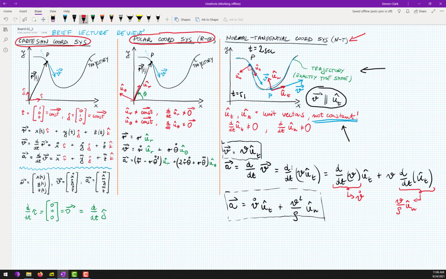You can clearly see that U_T changed the orientation, the incline. At time instant 11.5 seconds, our point P will be here, and our velocity will be pointing this way. Again, U_T is aligned with velocity, and the curvature here is small, the osculating circle is here, so U_N will be here.